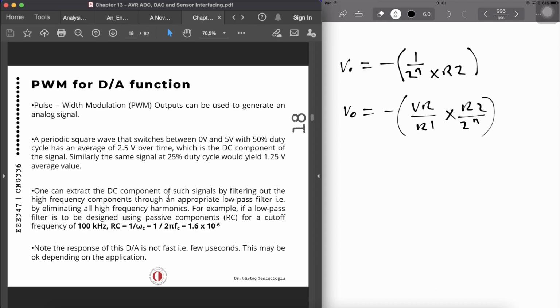Depending on the application, we extract these DC components by filtering out the high frequency components. So we can use a low pass filter over there, and we can easily generate PWM analog signals. So that's all you need to know about this. As I said, we will talk about it in more detail later.